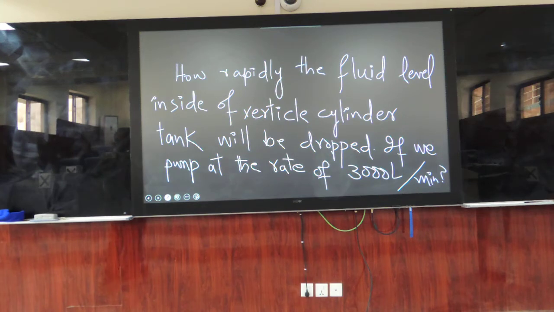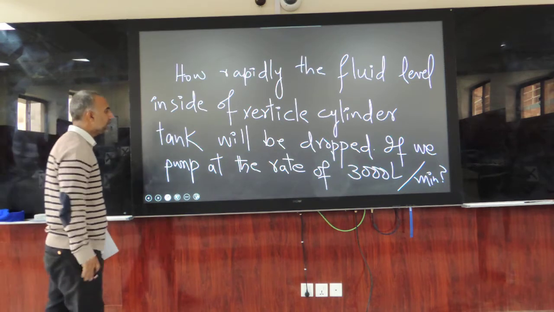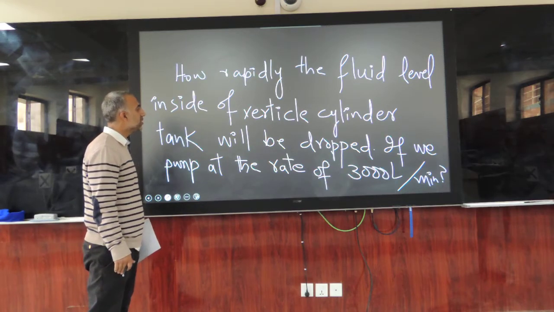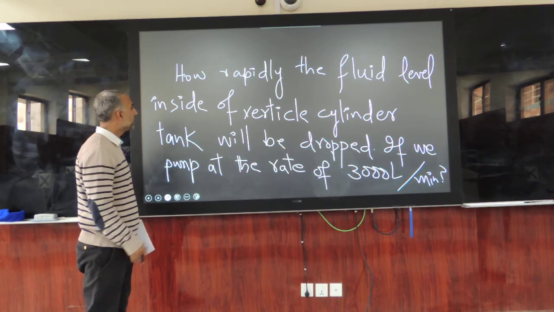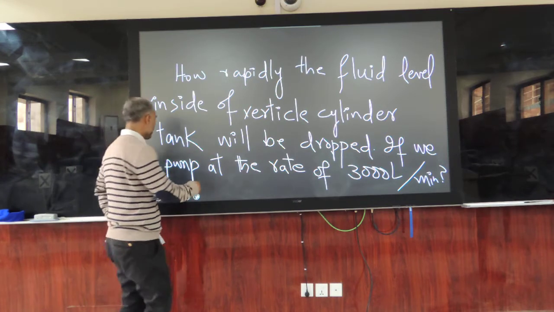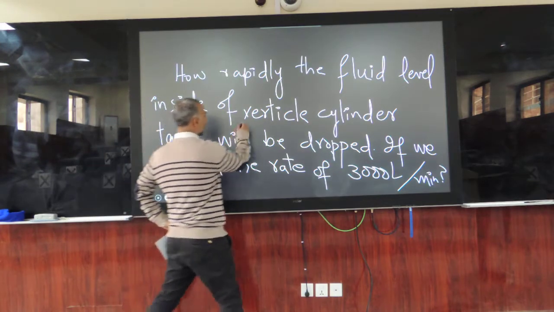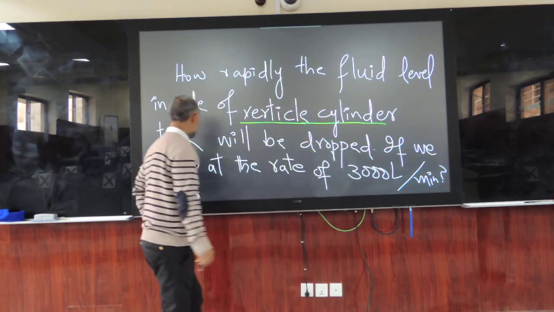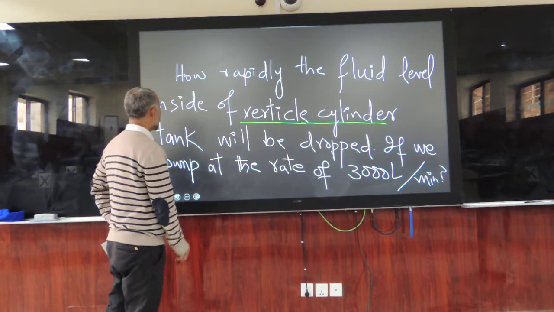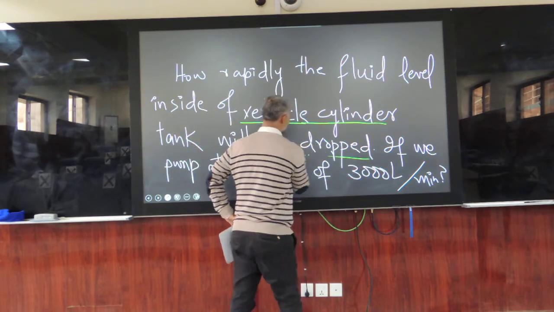We need to determine the rate at which the fluid level is dropping due to any rupture or any reason. Say the cylinder is damaged and fluid is leaking out of it. The cylinder's position is vertical, but due to leakage or the opening of a tap, the fluid is dropping out from it.